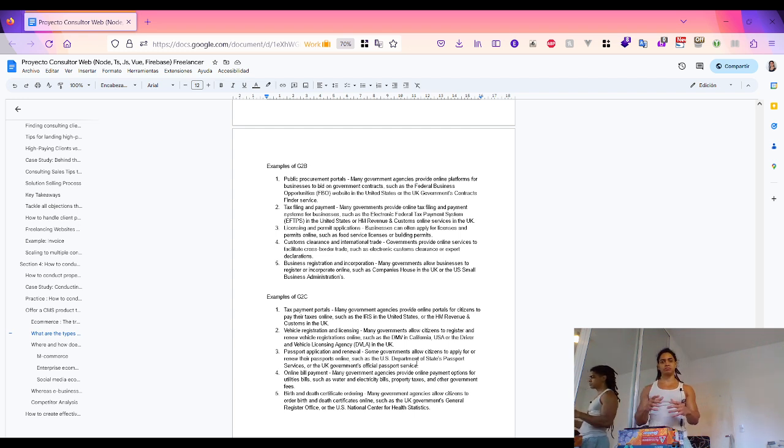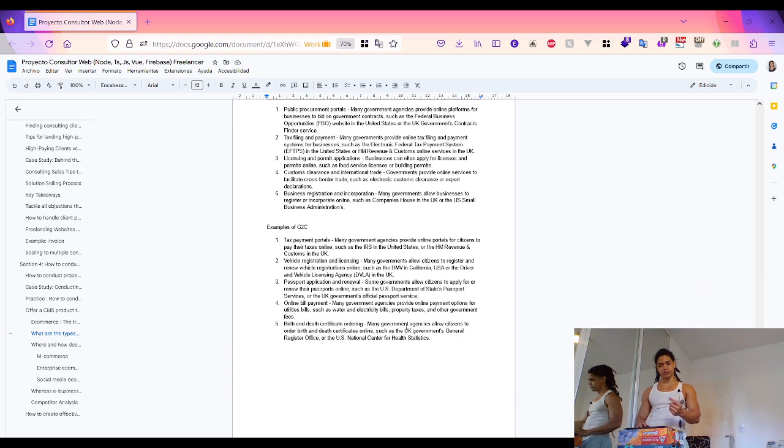Online bill payment, where a government agency allows citizens to pay their utility bills like water, electricity, property taxes, and any other government fees.